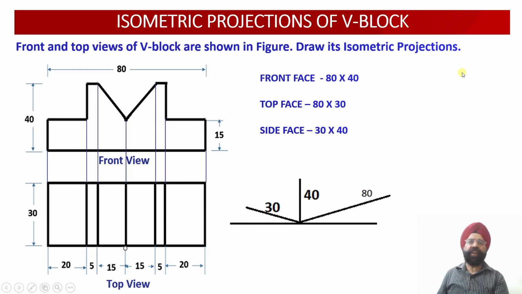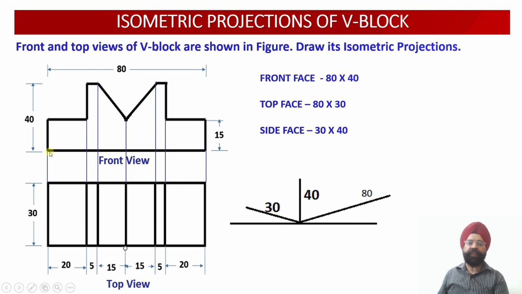Because in the isometric projection we have to draw a 3D projection in which the front face of the solid, the top face of the solid and the side face of the solid, that is all the three faces of the solid, will be represented in a single plane. So before we start constructing the isometric projection, we need to evaluate, from the information available to us through the orthographic views, the sizes of the three faces. So let us work that out.